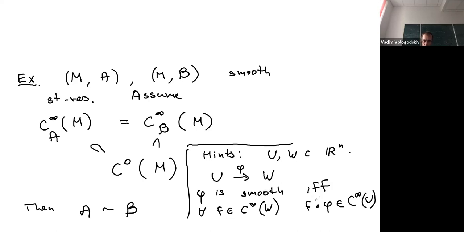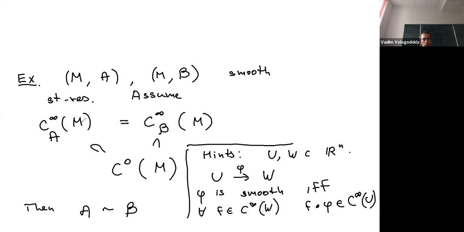In one direction it's obvious, it's just the fact that the composition of smooth maps is smooth. In the other direction it's also not difficult at all. So this is one ingredient. The second ingredient is the following. Here we make a global assumption, that the global smooth functions defined on the entire M are the same.